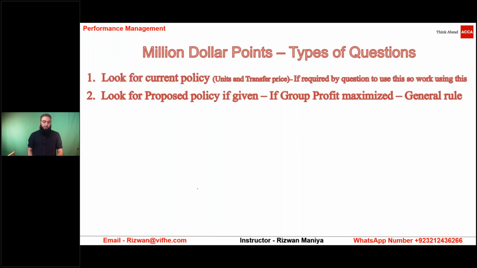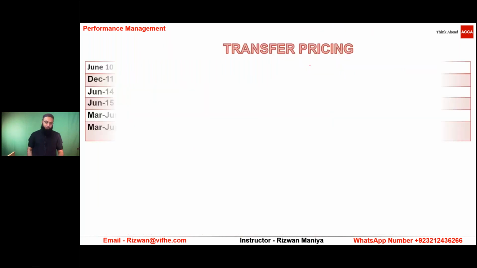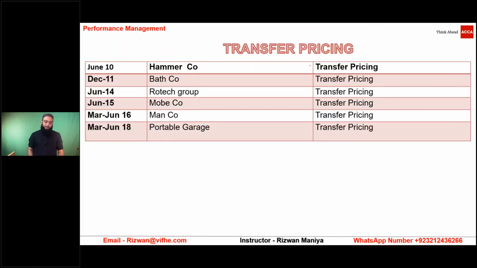Now, the magical types I figured out. Let me show you one thing. This is my analysis that I do. Transfer pricing, out of 30 times, has been tested 5 times. Hammer Company, Bathco, Rotac, Mobpee Company, Manco, and Portable Garage, 6 times.